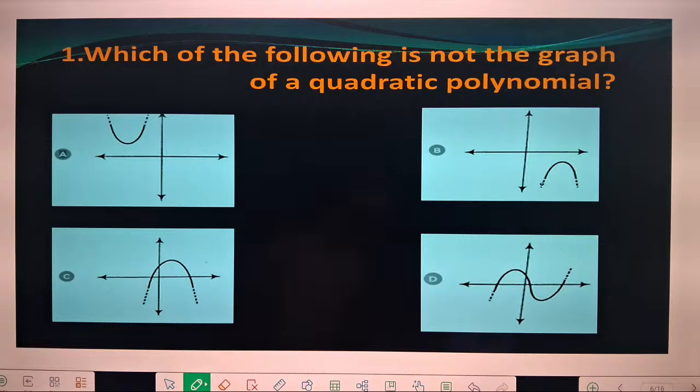Which of the following is not the graph of a quadratic polynomial? Which graph is not an example of a quadratic polynomial?